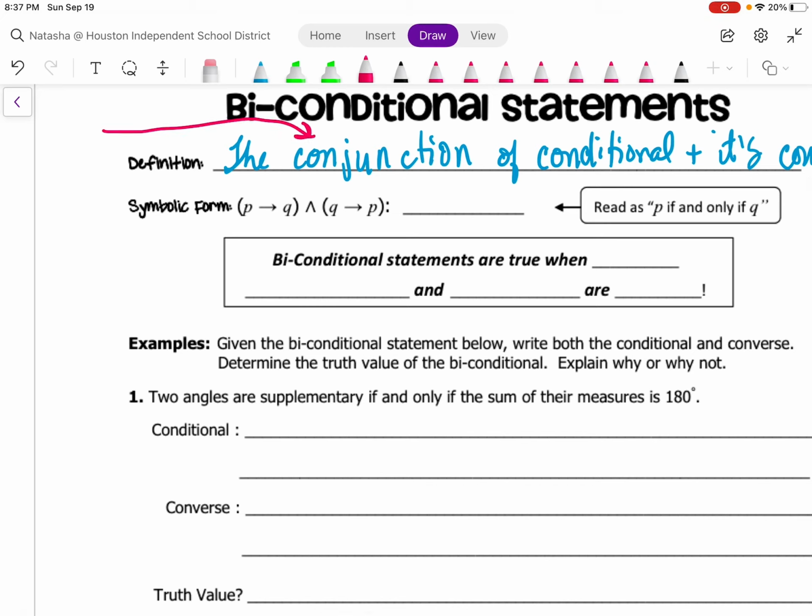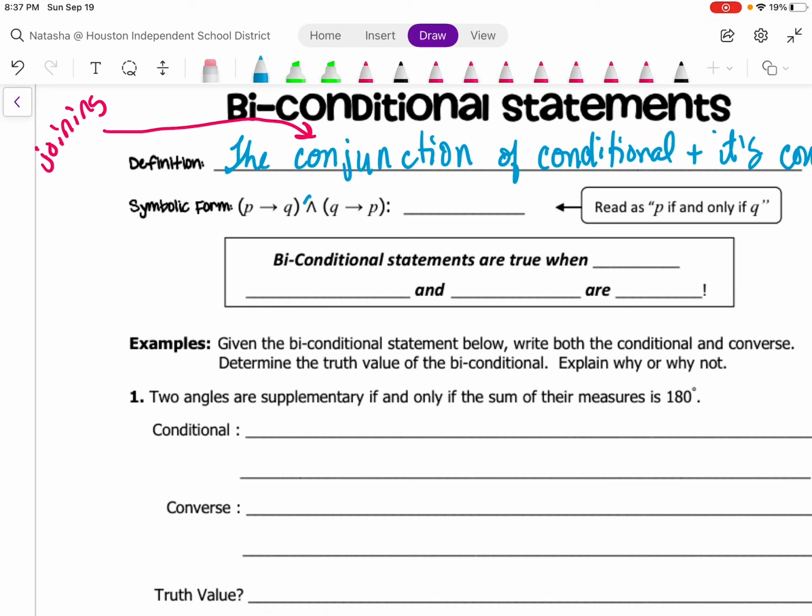Let me mark what a conjunction means, because I know that's a pretty big word. Basically, it means adjoining. Now, symbolically, we say if P then Q and if Q then P. So remember, the converse is Q then P. So we have our normal conditional statement and the converse.